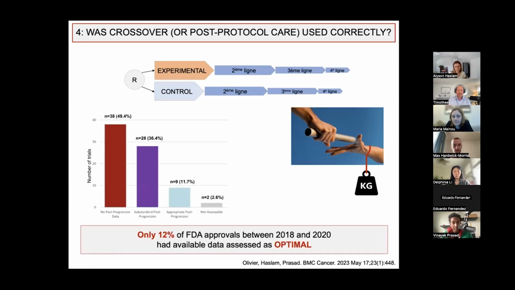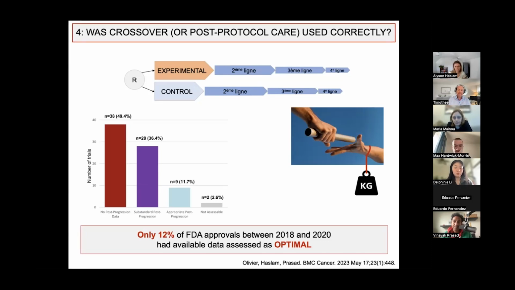First, it was not appropriately reported in many cases. And secondly, even when it was reported, we assessed the quality of post-progression treatment, and we find it was optimal and appropriately reported in 12% of FDA-approved drugs. So this is just the illustration, the quantification of what you described before.